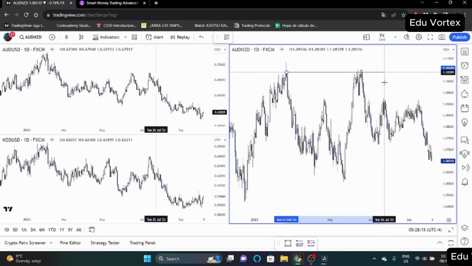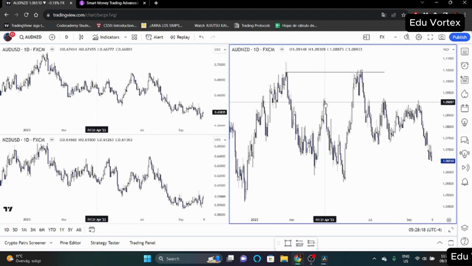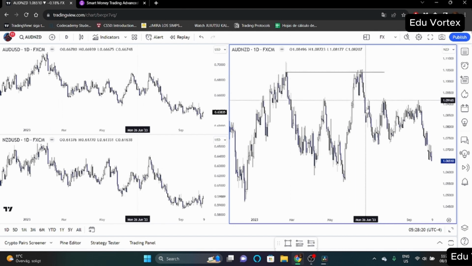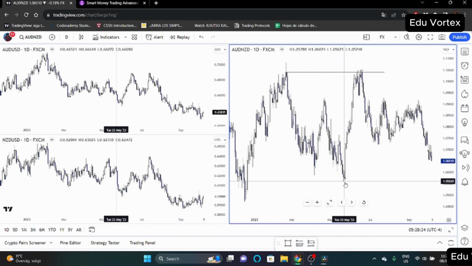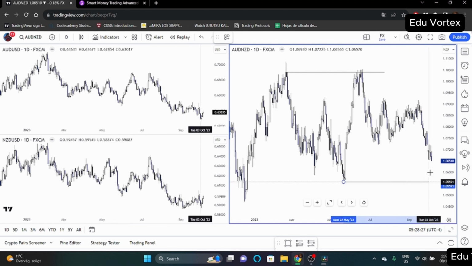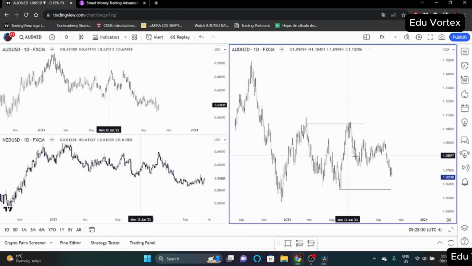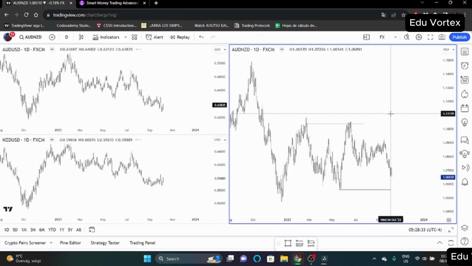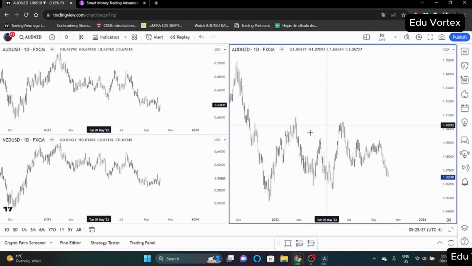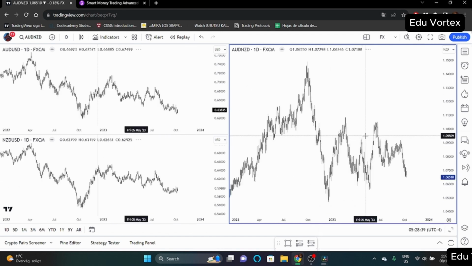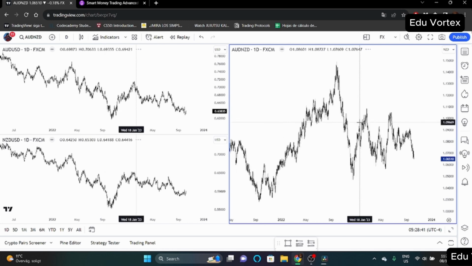We touch a rejection block, okay? Rejection block, we go lower. We go lower. Where are we likely to go? Here. And once price goes for these lows, what is likely to happen? We're likely to go higher again, okay? Because this is a ranging market. Understood?